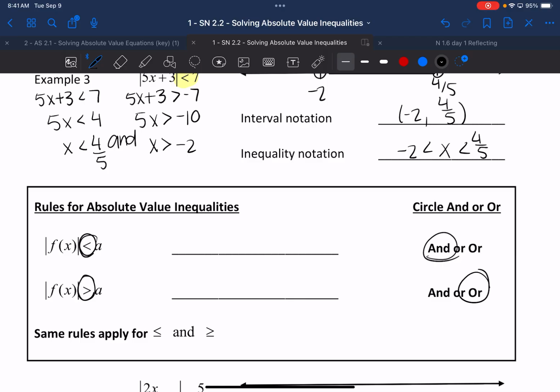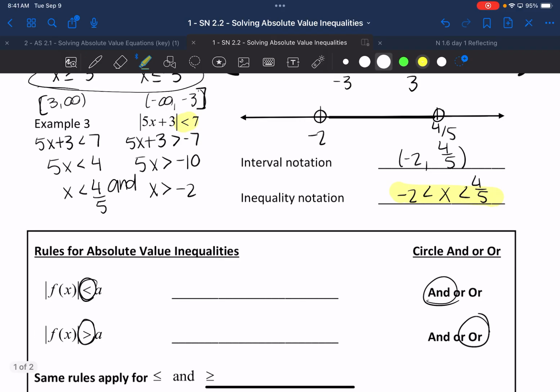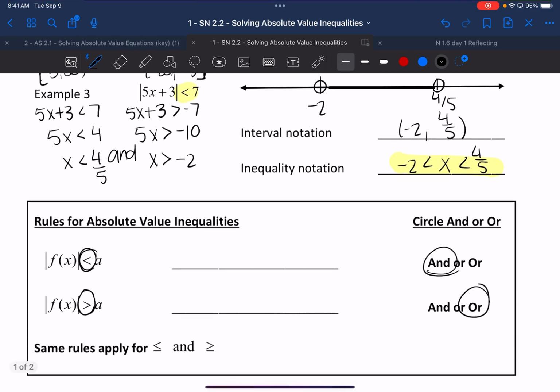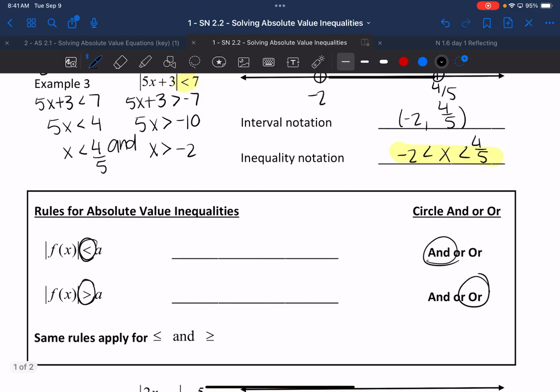Okay? And when it's an and statement, we know that our answers are going to look something like this, right? When it's an or statement, we have 2 separate inequalities that we have to write. Okay, so we can go ahead and anticipate what our answers will look like.